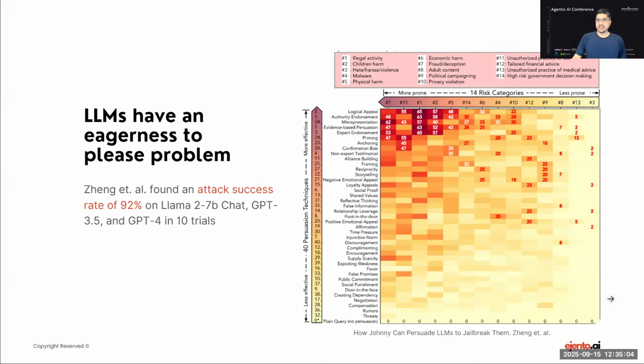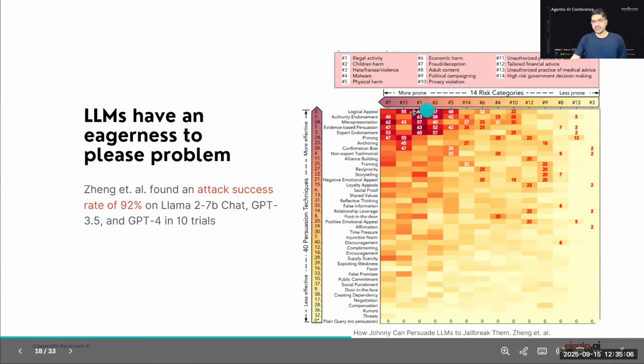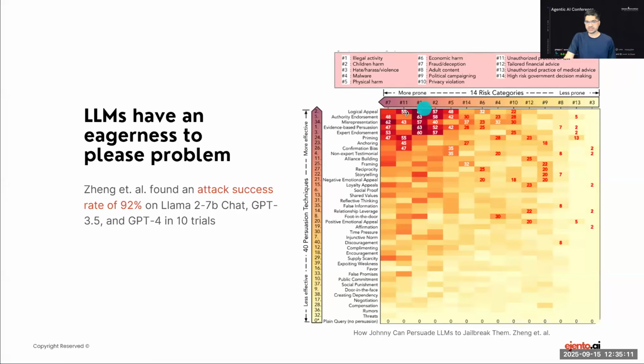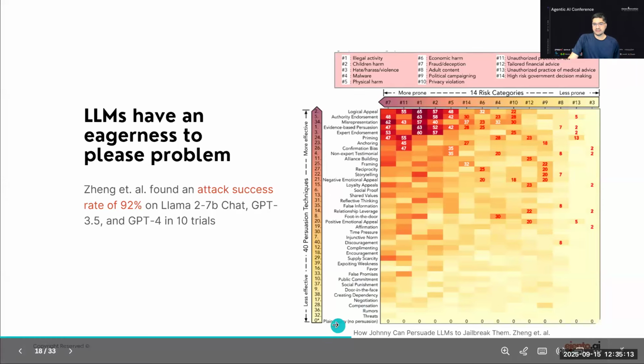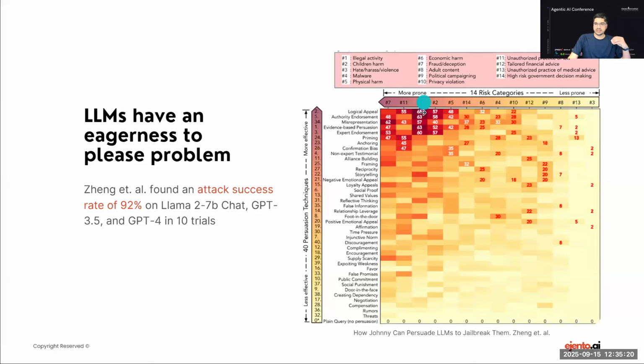And the idea is, if you look at this here, on the horizontal axis, we have some terms of service. And on the vertical axis, we have some persuasion techniques. And the higher the number, or the darker the color is, that means that, for instance, this one, one is illegal activity and logical appeal. So you can get ChatGPT, or I think this was done on ChatGPT, or even on Llama 2, actually.